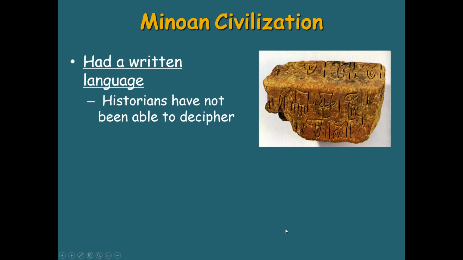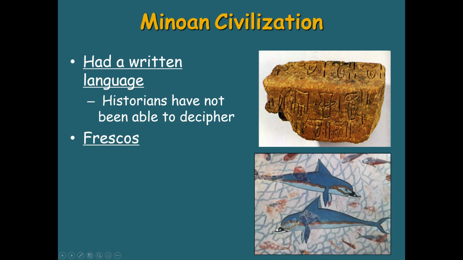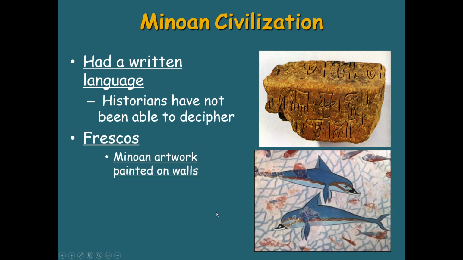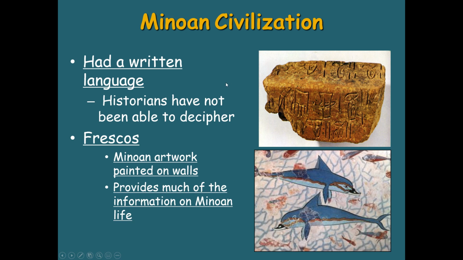So, what can we learn from the archaeological discoveries made by the archaeologists? From the remains unearthed at the palace of Knossos, we discovered a system of written language. However, it is unfortunate that the historians were not able to decipher the writing of the Minoans.